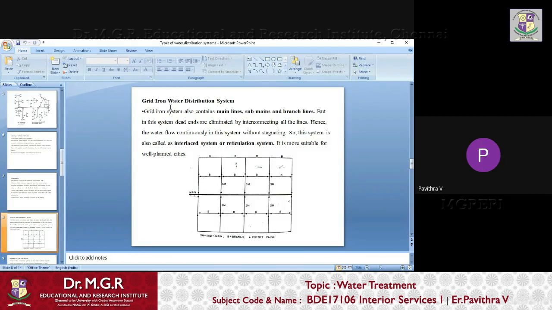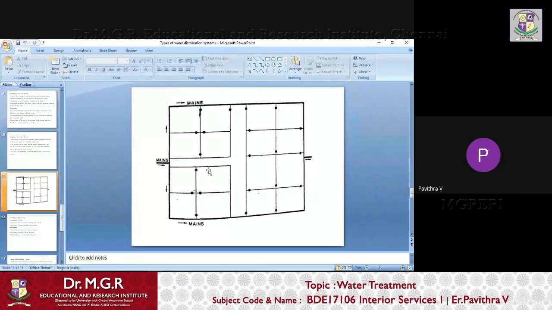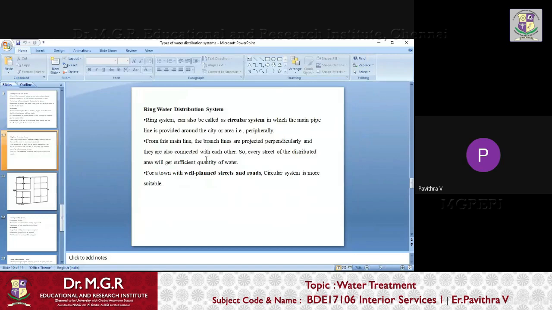So this is the grid iron water distribution system, and after that, this is the ring system.